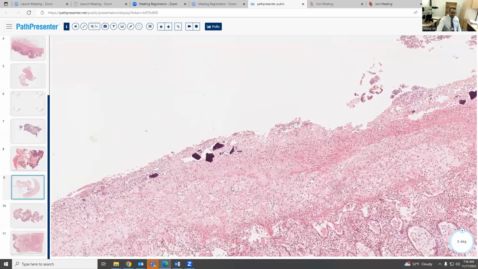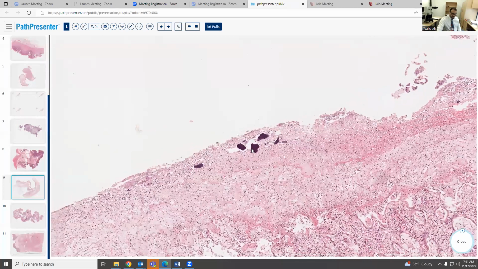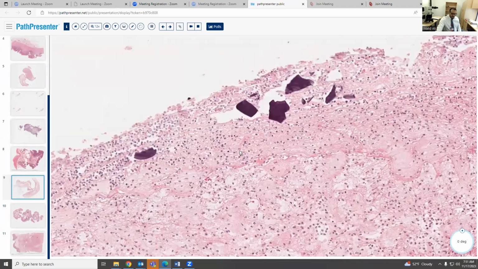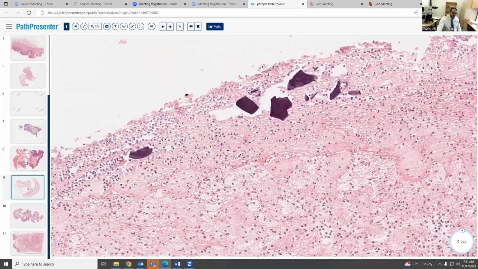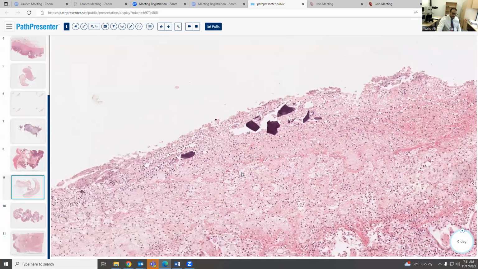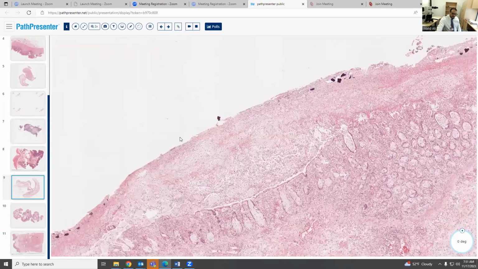There are also other crystals associated with pill-induced colitis, like sevelamer, and also bile acid sequestrant medications. It's not very common, but it's very important to know about. It's called Kayexalate. And we have here pseudomembranous colitis.